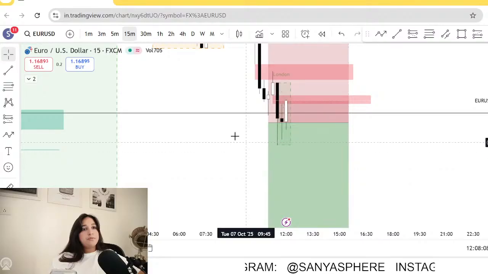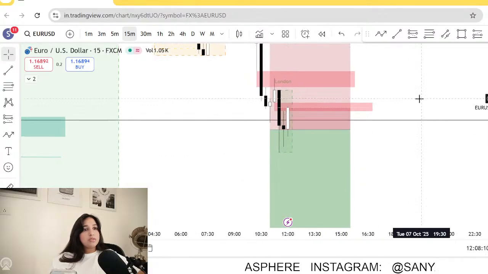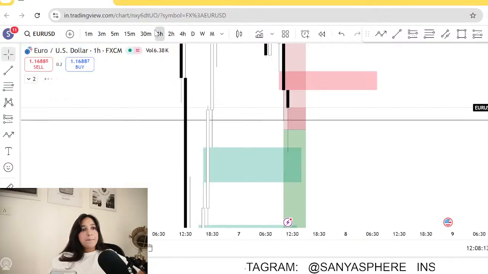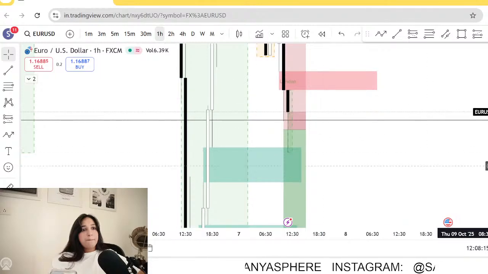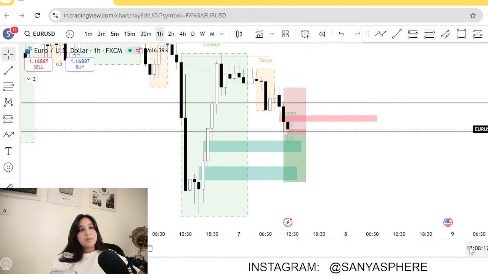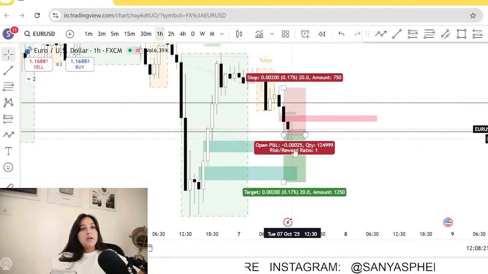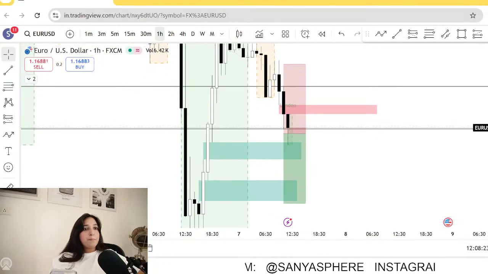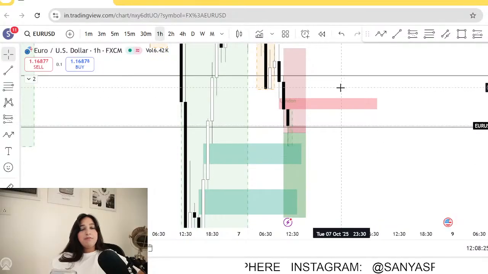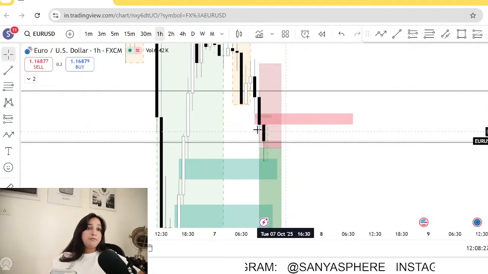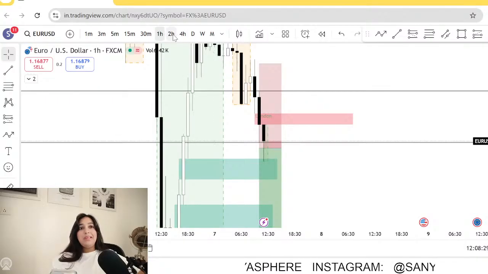Let's see if this closes above the range or not. And as well, if you see this fair value gap over here, if this 1 hour candle flips, then we could hit ISL today.